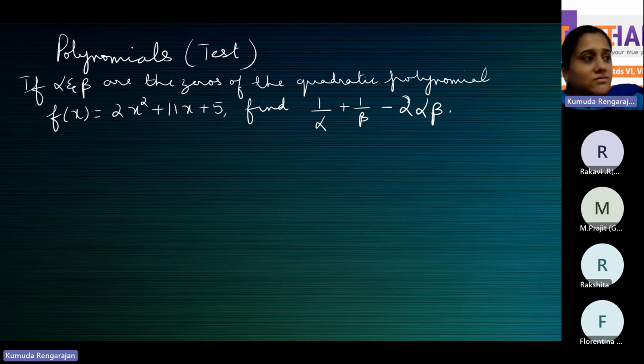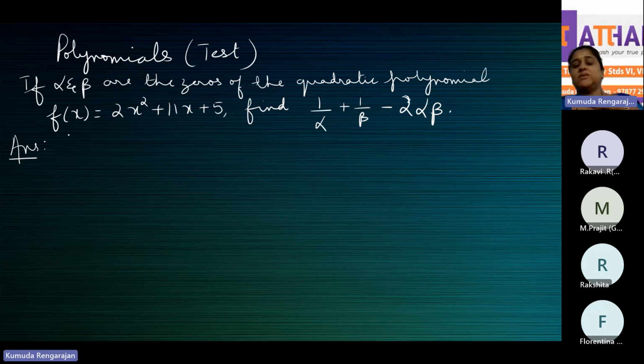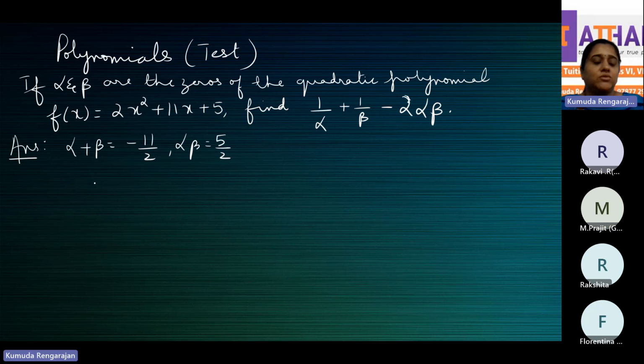Sashank has already given us the answer. Pratit, what's the first step? What are the alpha values? What's alpha plus beta? Minus 11 by 2. Yes, and alpha beta? 5 by 2.